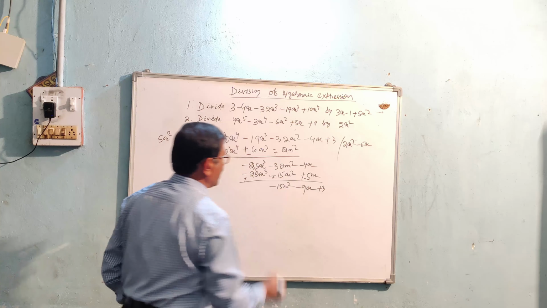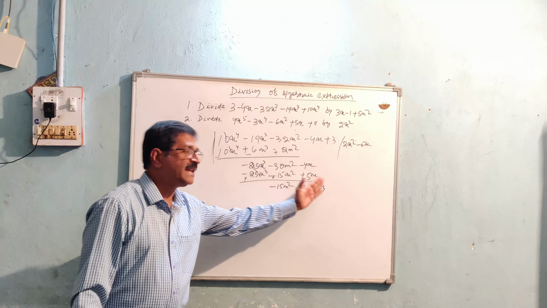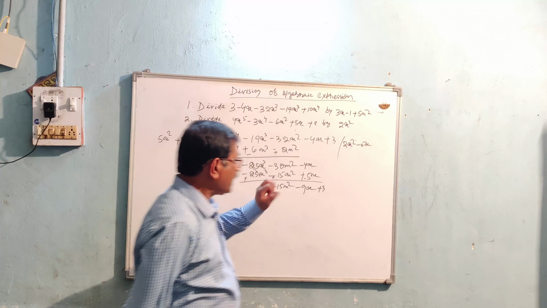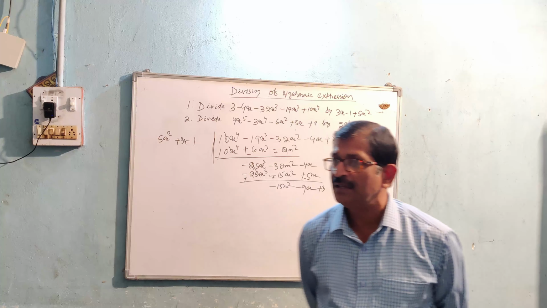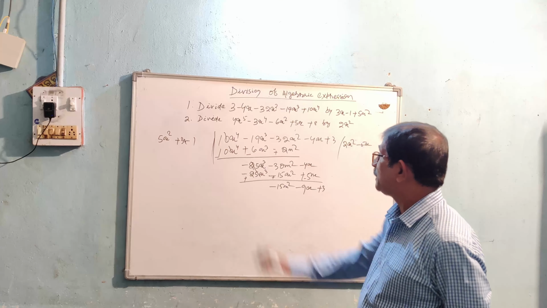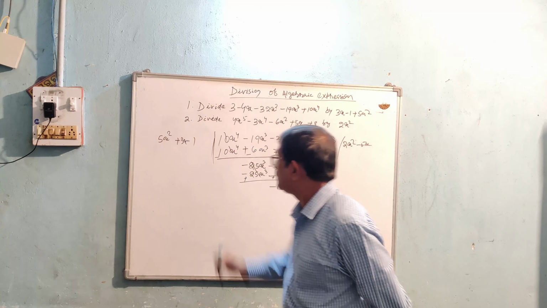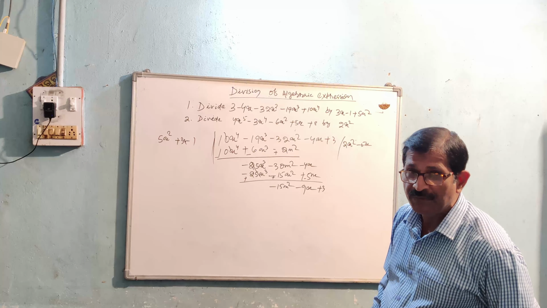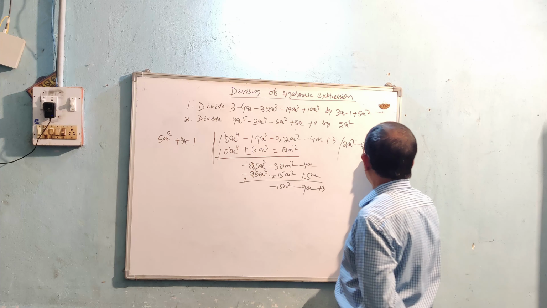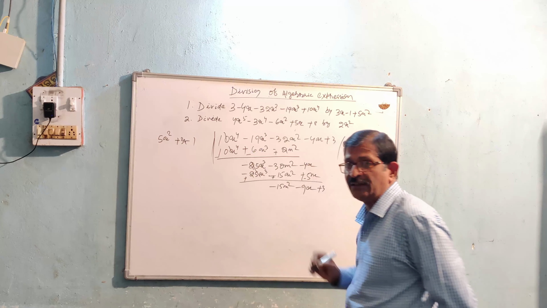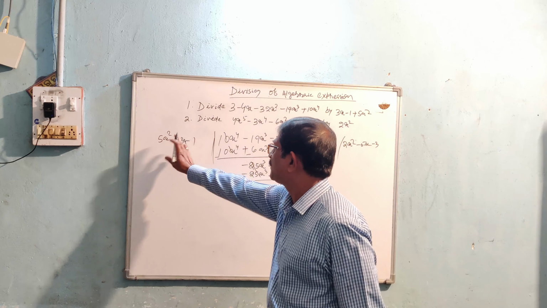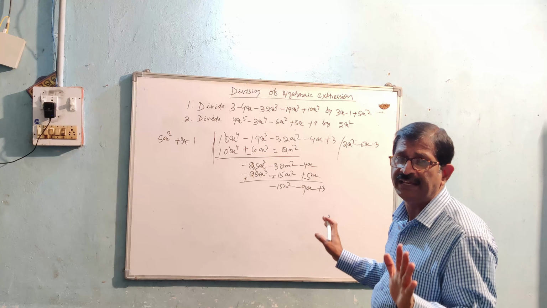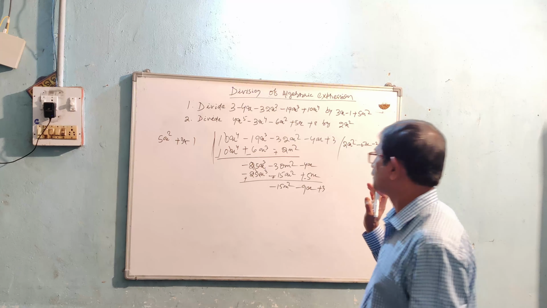So now we are getting minus 15x square minus 9x plus 3. Here 5x square is there, and we need minus 15x square. So how much do we have to multiply? That 5 is positive, and here 15 is negative, so we need a minus 3 to make it minus 15. The x square is already there, so we don't need anything else, only minus 3.